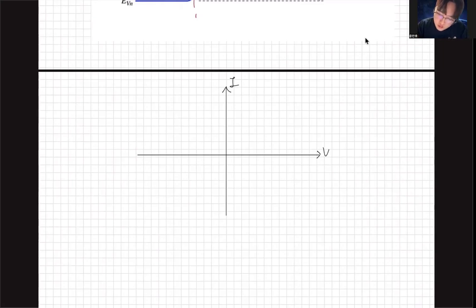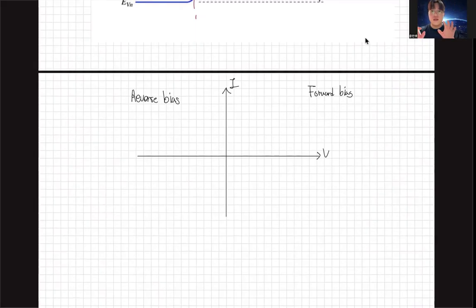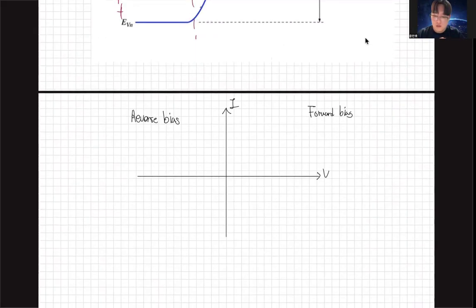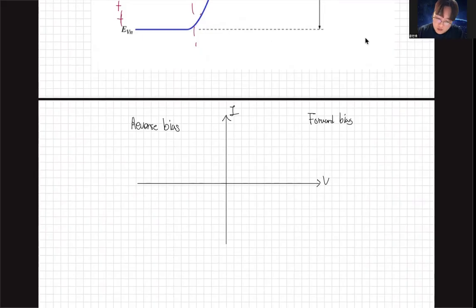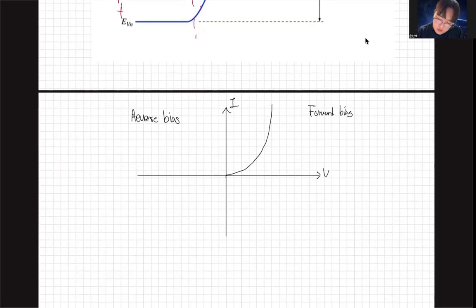Okay, as you know, here is the forward bias, and the left side is the reverse bias. You maybe already know that in forward bias, the current increases exponentially with the voltage, and in reverse bias, the current does not exist, and sometimes like this.